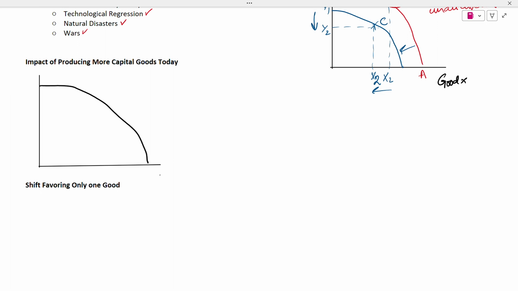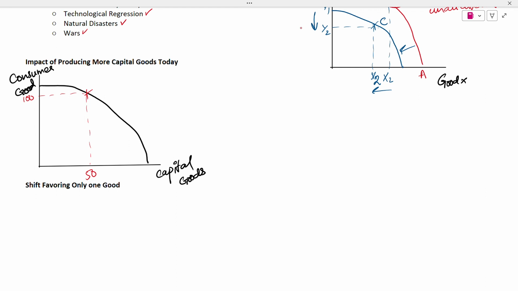let's suppose that we have capital goods and we have consumer goods. So now let's suppose that initially the economy was producing at this point where, let's suppose, 100 units of consumer goods were being produced and 50 units of capital goods were being produced.